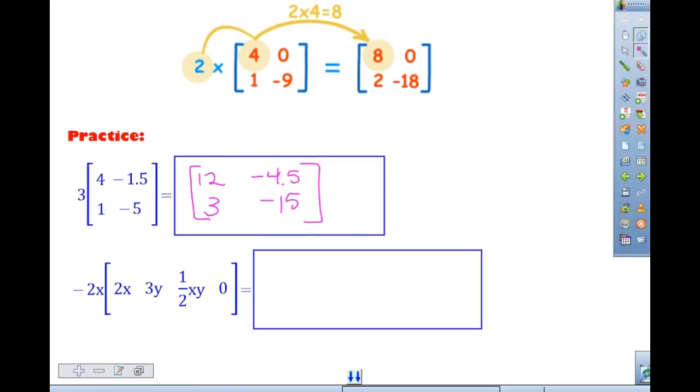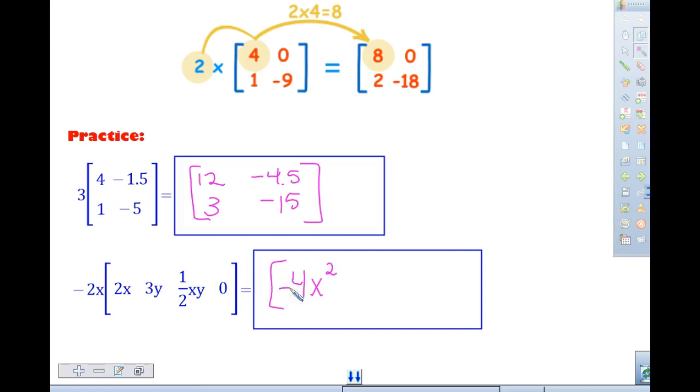Do that next one. Oh, you got variables. What happens when you multiply your variables? What is negative 2x times 2x? How many x's do you end up having? 4x to the second. It would be negative.